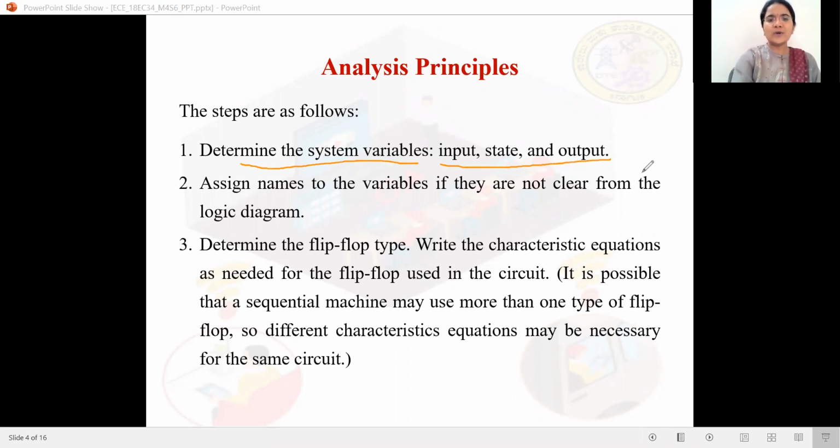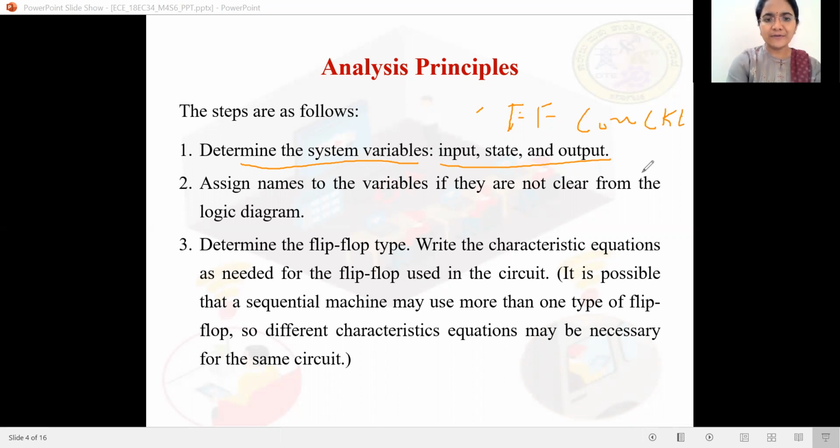The synchronous sequential circuit has a combinational logic circuit, along with flip-flops, which are the memory elements.